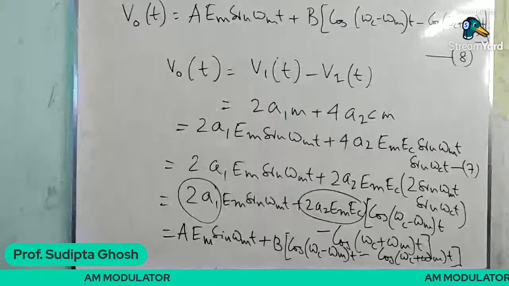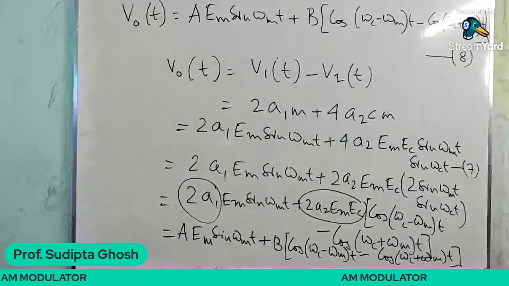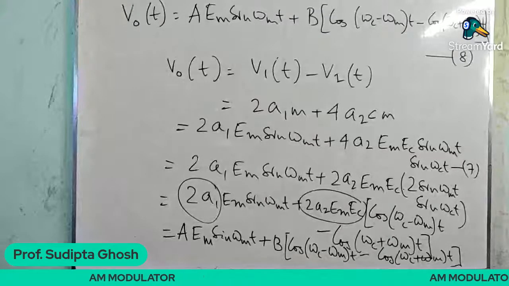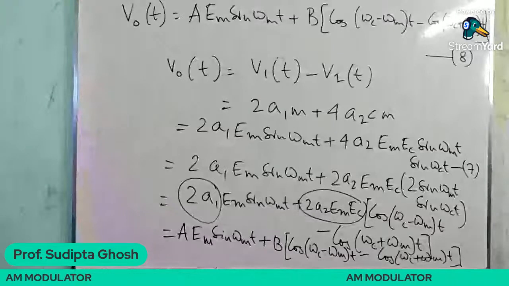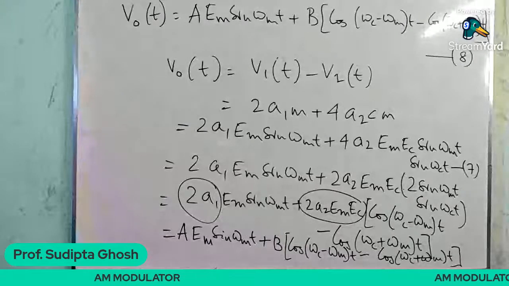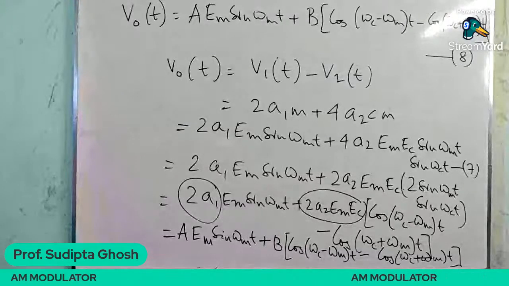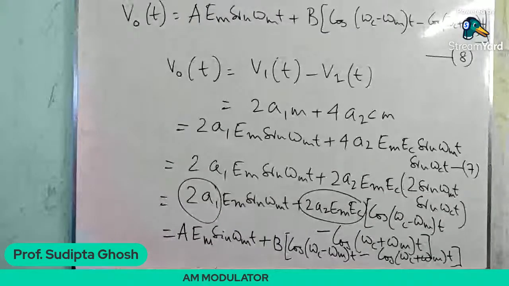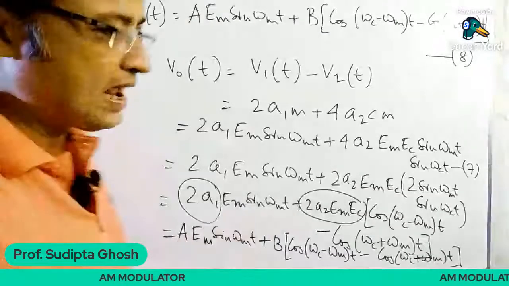Now after this, if we use a tuned circuit, it can remove the modulating signal and allow only the two sidebands to appear. So here we have a target.